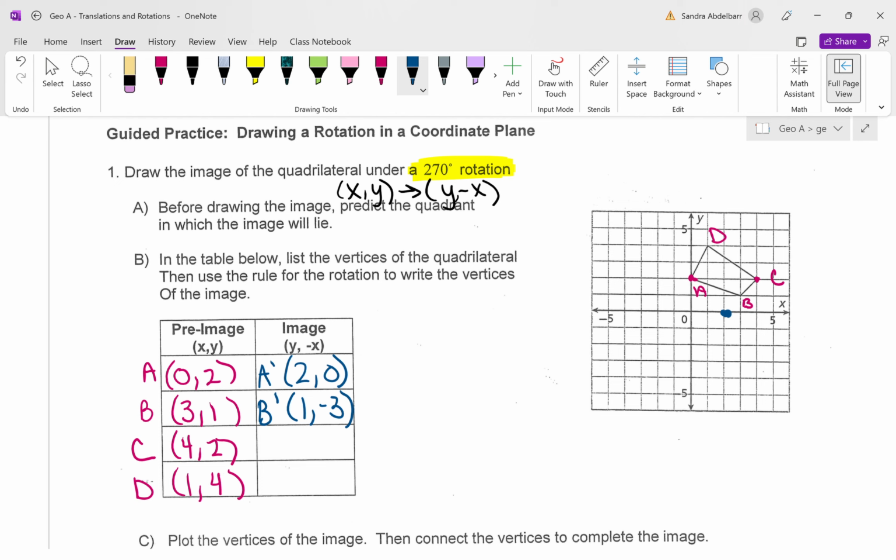So this ends up becoming 1, negative 3. And then C prime, again, I'm going to negate the 4, then switch the 4 and the 2.